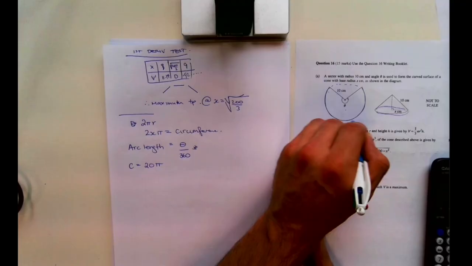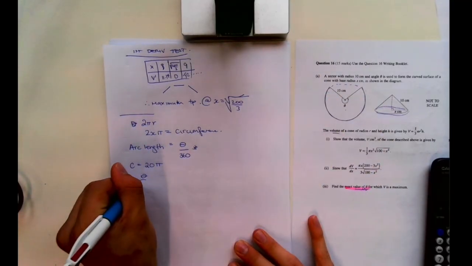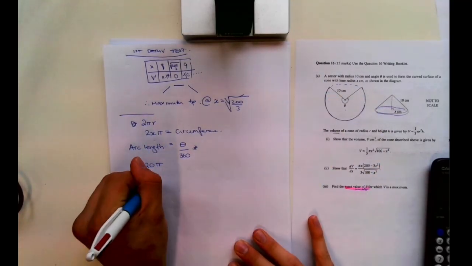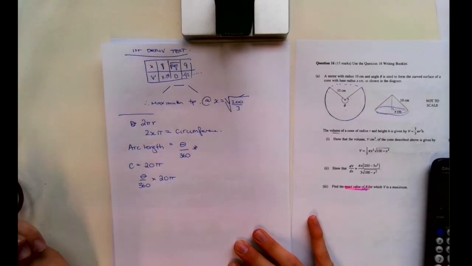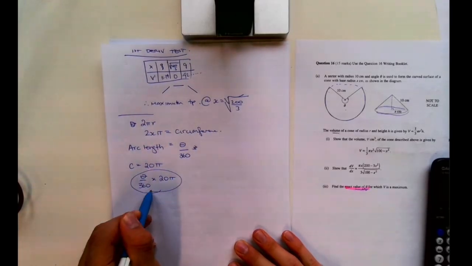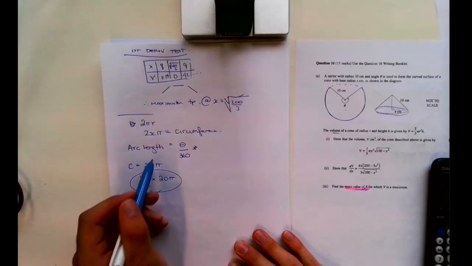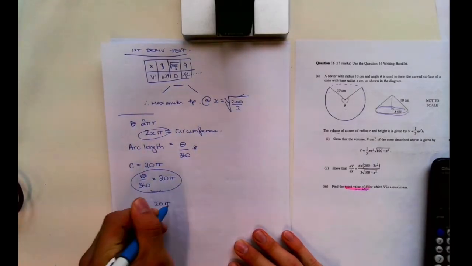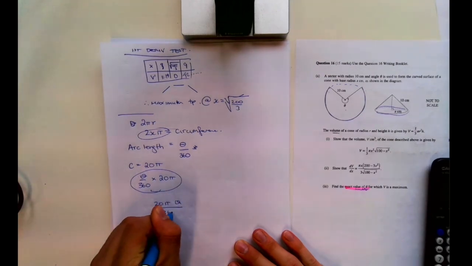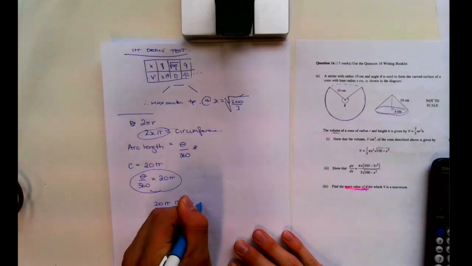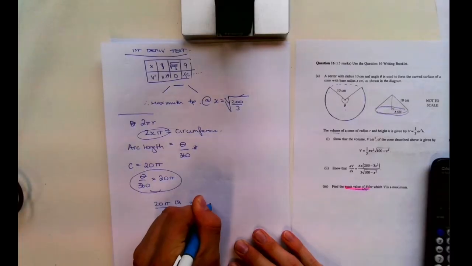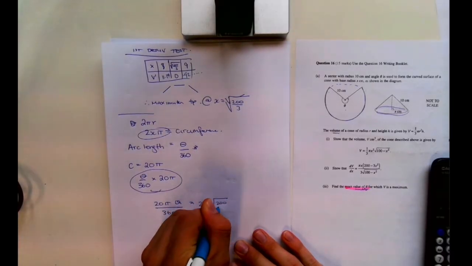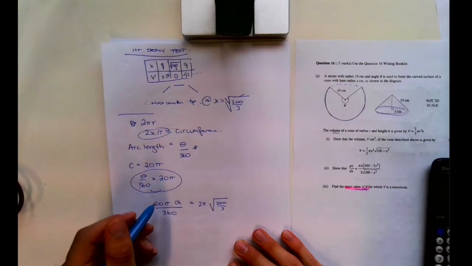Because we're only taking a portion of it, we're taking theta on 360 of the circumference. So now we're going to let that equal to this. We're going to say 20 pi theta on 360 equals 2 pi x, and remember x is root 200 over 3. I'm going to start simplifying this.